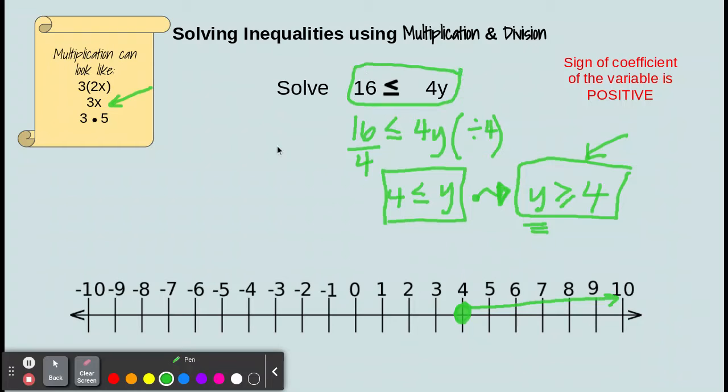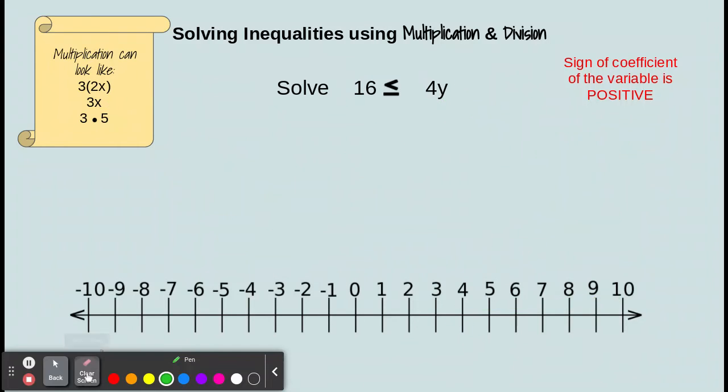Is this true? 16 less than or equal to 4 times 4. 16 less than or equal to 16. Is that true? It is, because it's less than or equal to, and 16 equals 16. Okay. And obviously all the numbers greater than 4 will also work in this inequality.